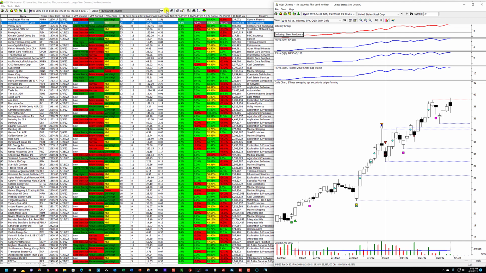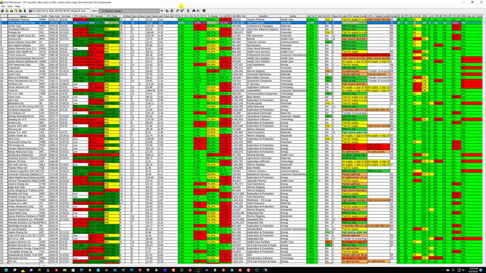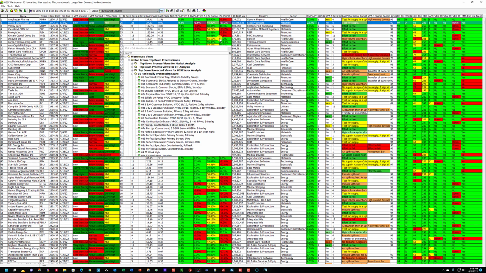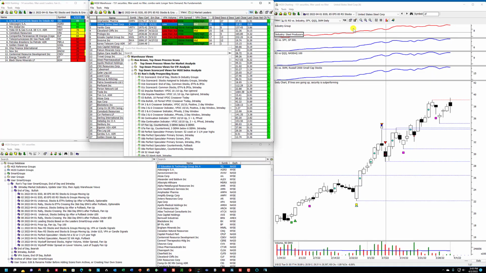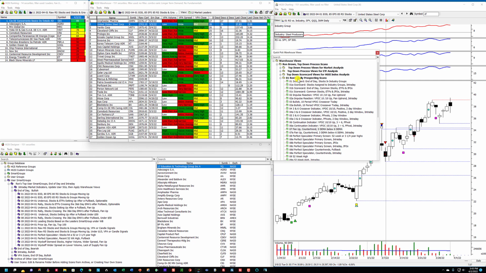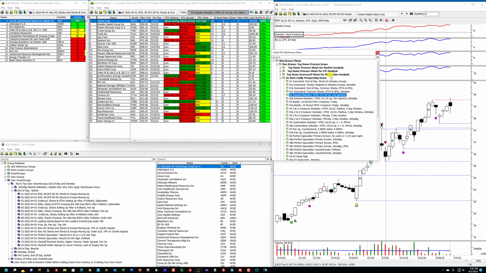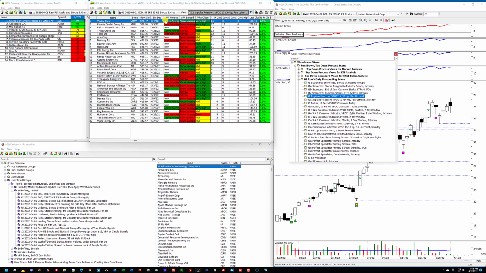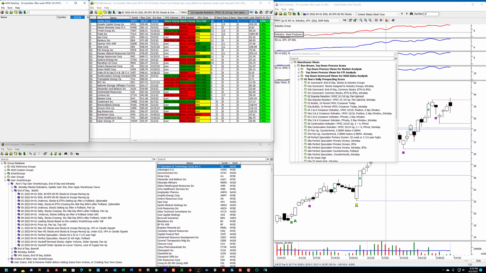Now, one more thing, if you don't want to sort and look at all these charts, the next best thing to do, or maybe the best thing to do, is to come in, go into my daily prospecting scans. Let's say I'm looking for an impulse reaction, which is a stock that's been trending and it's pulled back just a little bit.